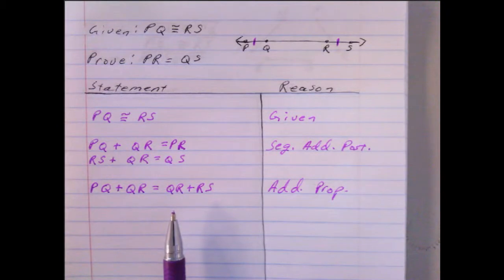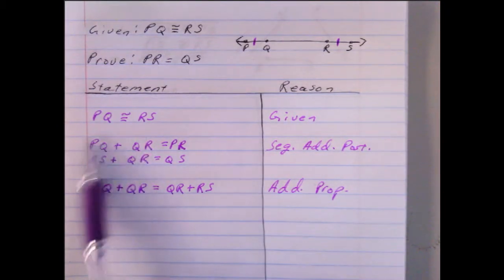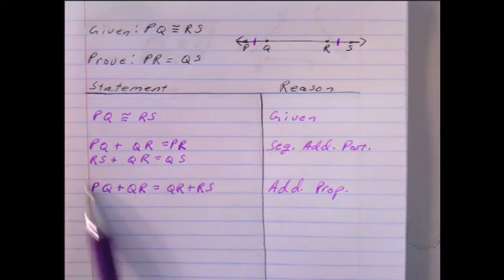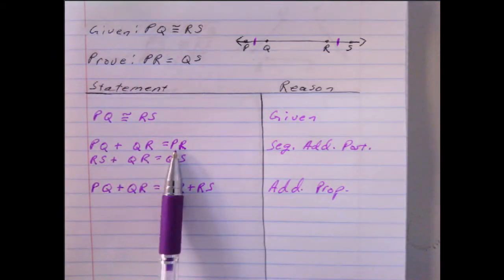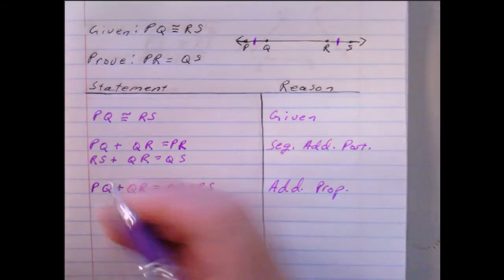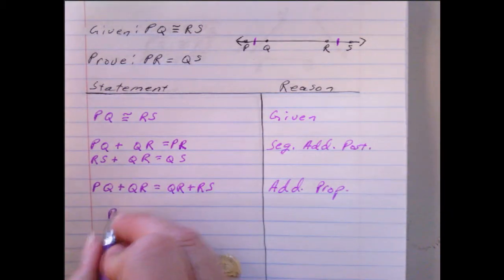So then we're going to do a little bit of substitution here. We have this piece here, we have this piece down here. So we're going to do some substitution. We have the PQ plus QR, and we know that is PR. So we're going to plug that in.